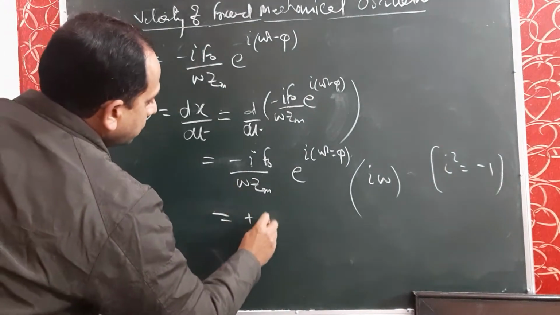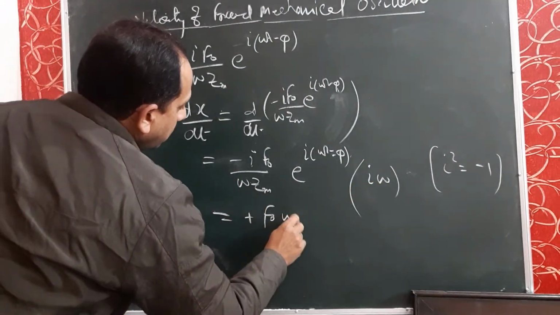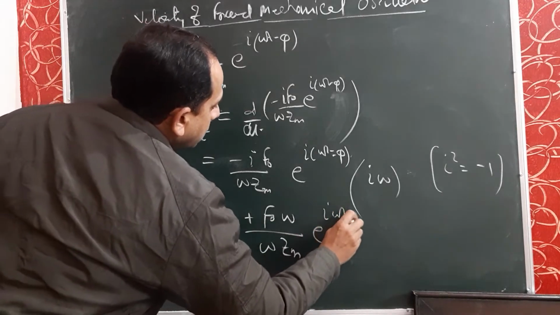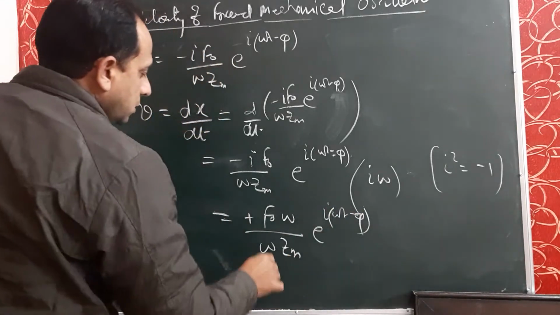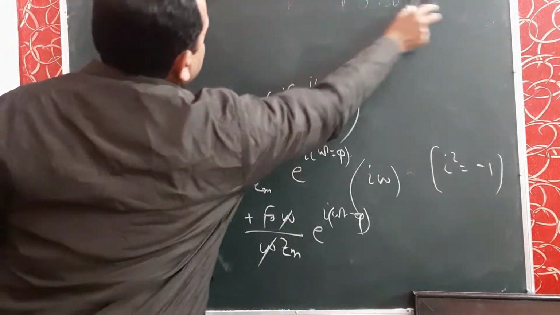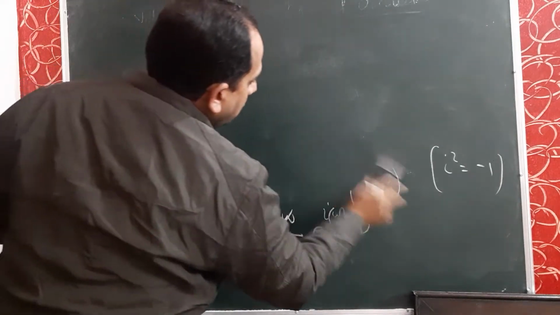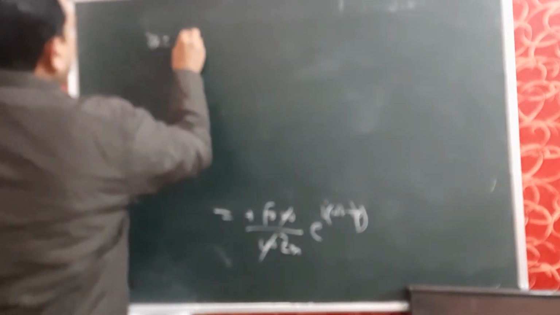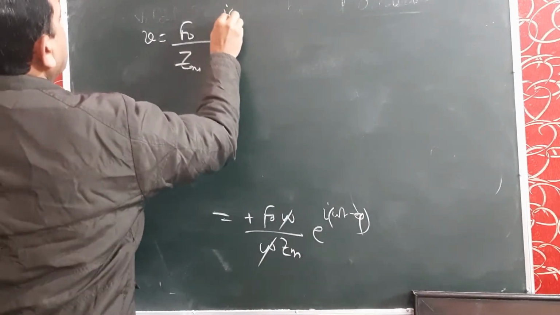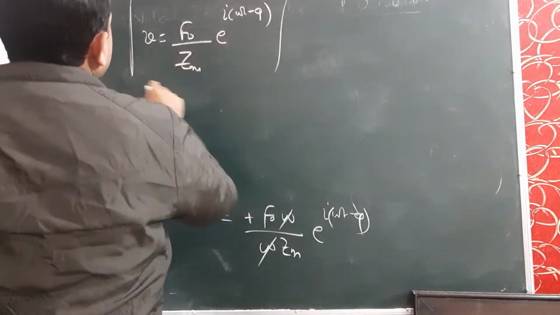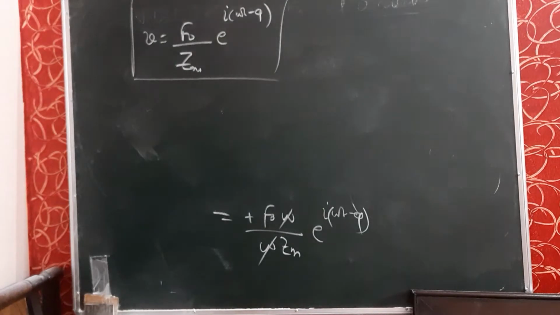It will become F naught omega over omega Zm e power iota omega t minus phi, and omega is cancelled with omega, and finally we will get velocity is equal to F naught upon Zm e power iota omega t minus phi. So, this is an expression for velocity.